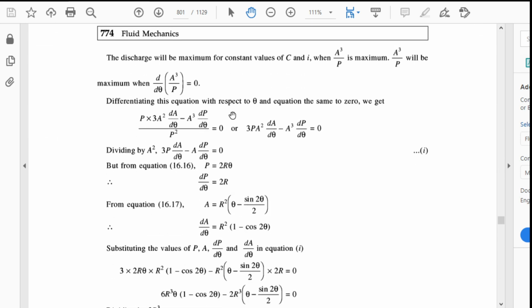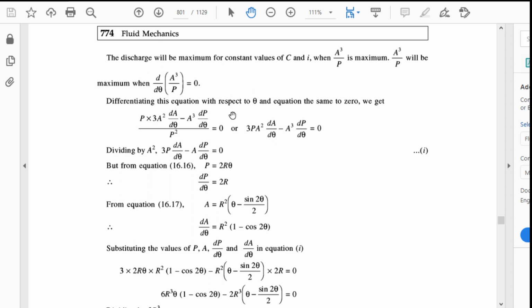Now for these constant values of C and i, the discharge will be maximum when this A cube by P value is maximum. Okay, this discharge will be maximum when A cube by P is maximum.